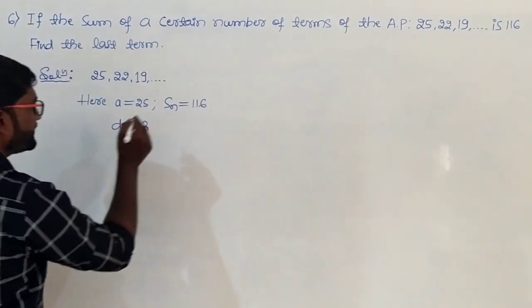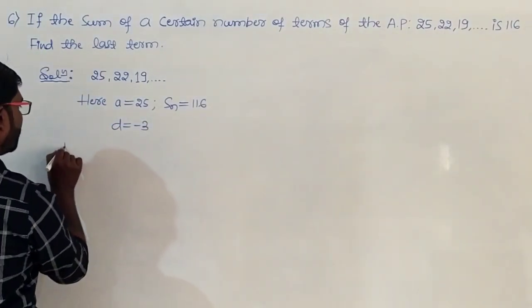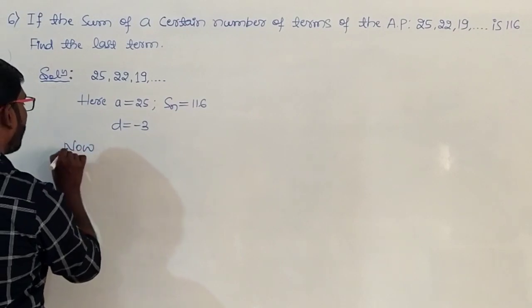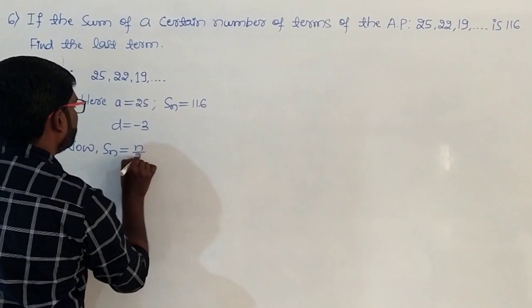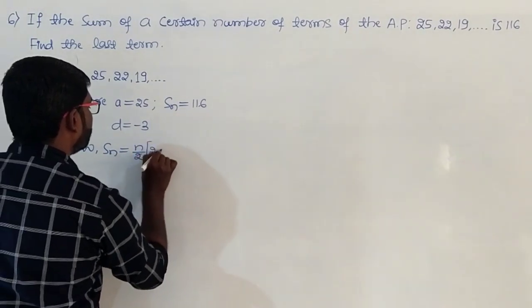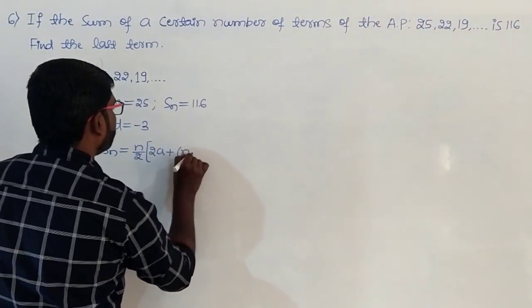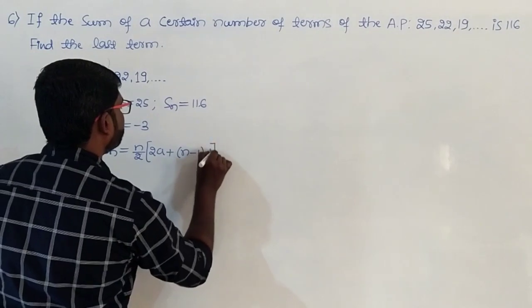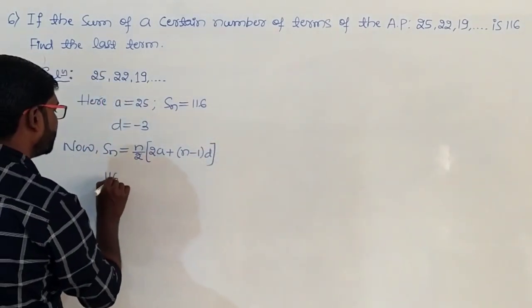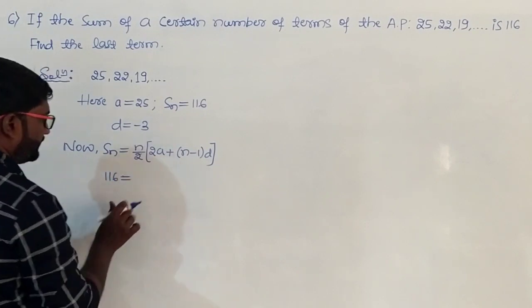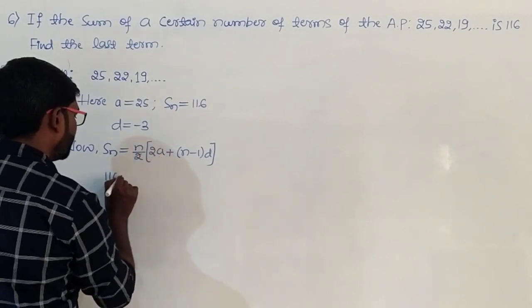So I will be using the Sn formula. Now Sn, which is equals to n by 2 into the bracket 2a plus n minus 1 into d. Then Sn is going to be 116, which is equals to n by 2.